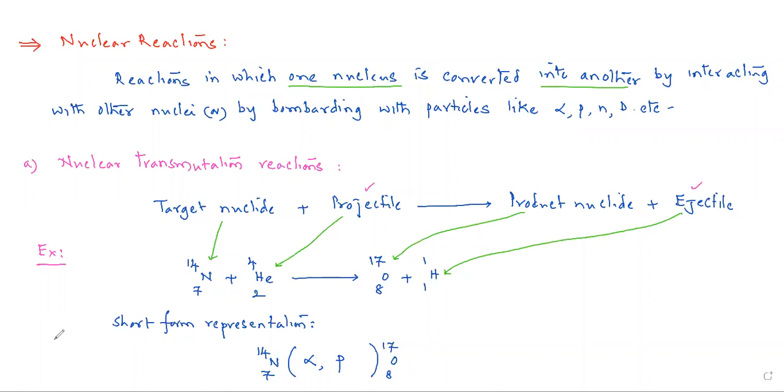Okay. Symbols are used for projectile and ejectile. Okay. This is about the nuclear transmutation reaction.